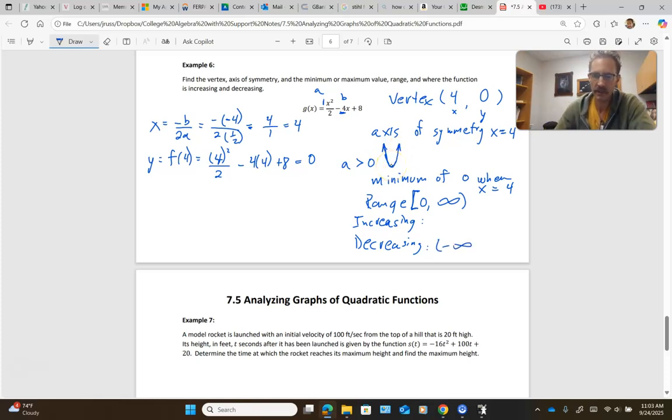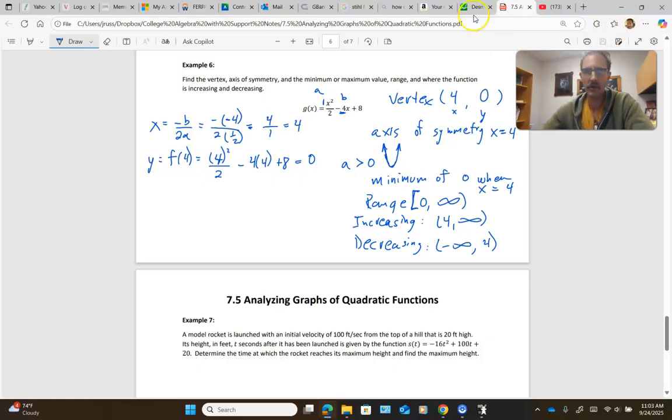It's decreasing from negative infinity all the way down here to the vertex, which again, remember, has an x-coordinate of 4. These are with respect to the x-axis. And then from there onward, it's increasing. In other words, from 4 onward to positive infinity, the function is increasing. Okay?